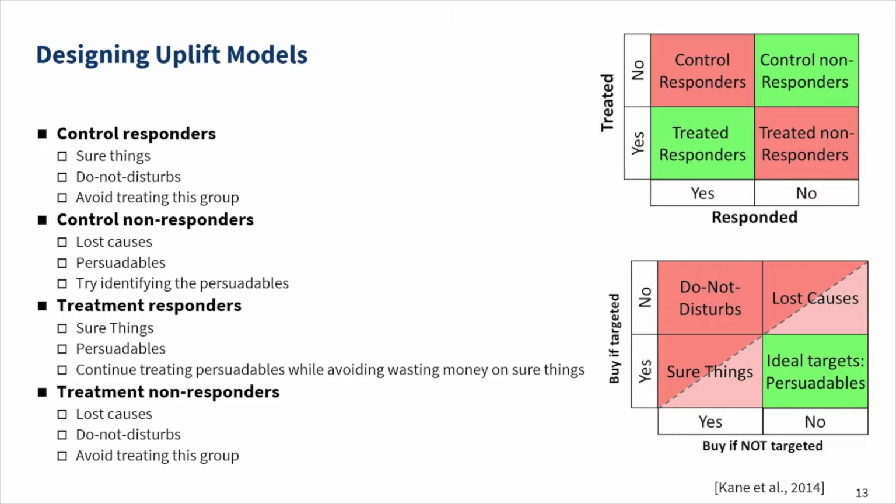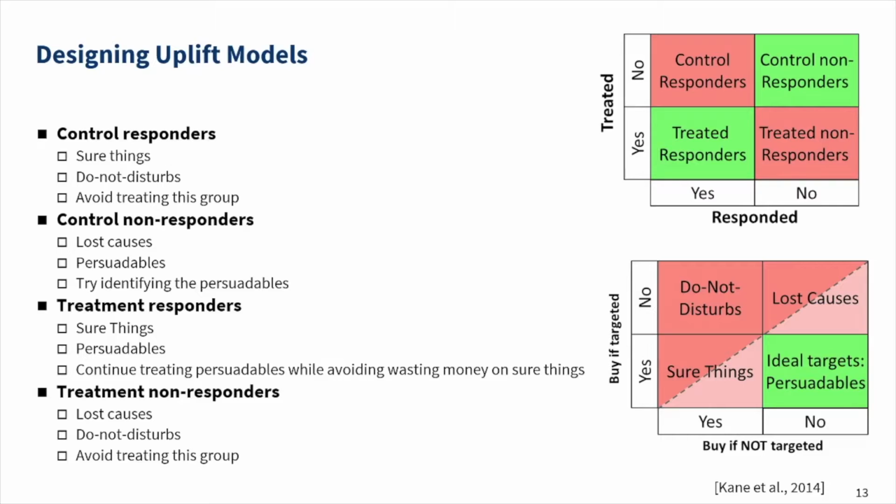This also gives us an indication how we need to gather data by having treatment and control groups, but more on that later. So we have this 2 by 2 matrix with treated and responding customers.